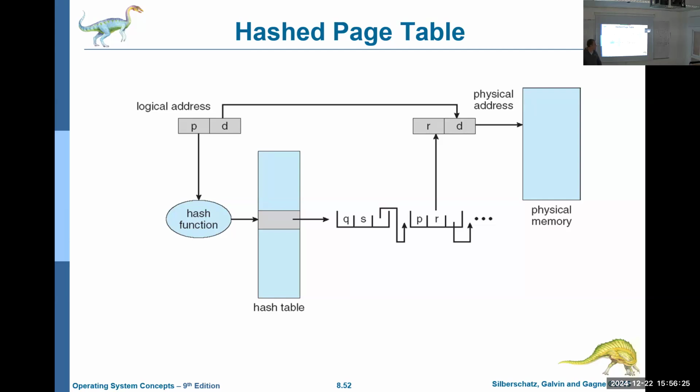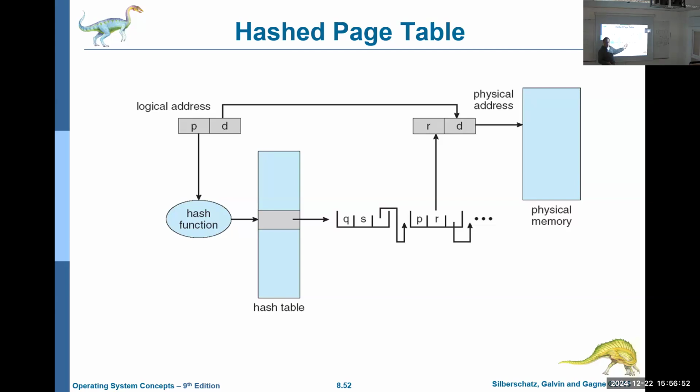So how big will this entry be? Assuming the pages are 2 to the 12th, this is 2 to the 12th, and this is 2 to the 20th if it's a 32-bit thing. Notice this is 20 bits and 20 bits, 40 bits, plus a pointer to the next one.